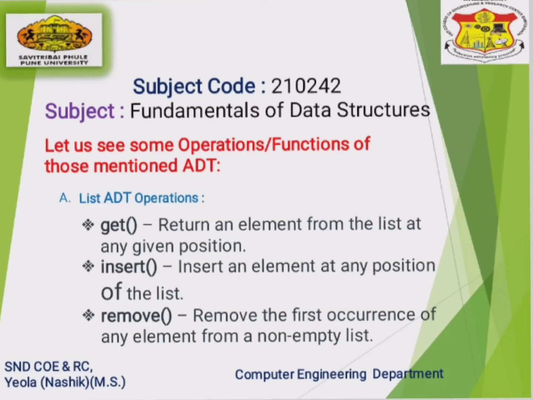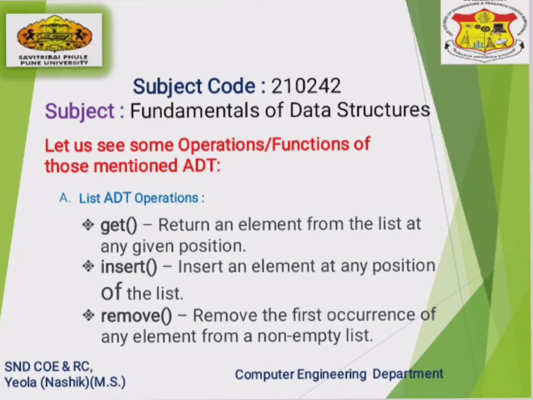Let us see some operations and functions of those mentioned ADTs. First is list ADT operations. First operation is get. Return an element from the list at any given position. Second, insert. Insert an element at any position of the list.